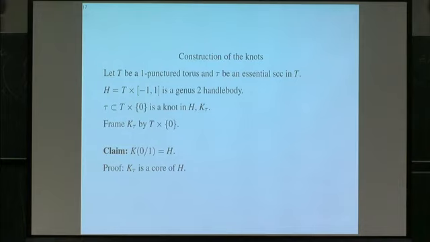When you do the surgery, you're capping off that framing curve coming from the boundary of the punctured torus with discs, so that torus becomes a disc. And so you can see after the zero surgery on k sub tau, at least the boundary of some meridian disc is simple in a certain way, and in particular it's going to be simple with respect to a different fibration we're going to take of H. So that's why the zero surgery in particular.